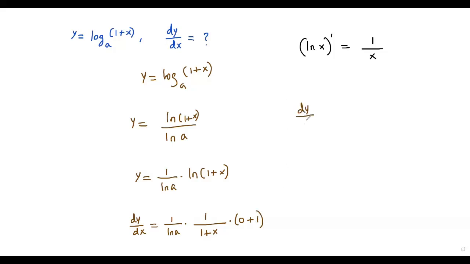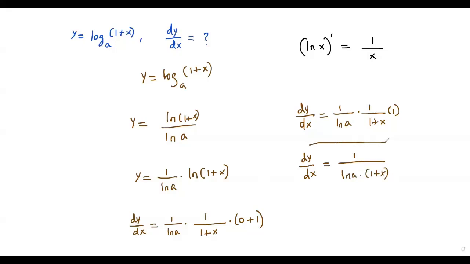So then I'm getting dy over dx equals 1 over ln a times 1 over 1 plus x, and 0 plus 1 will become just 1. So dy over dx equals 1 times 1, which is just 1, over ln a times 1 plus x. So I got the derivative of the given function. This is the derivative of the given function with respect to x.